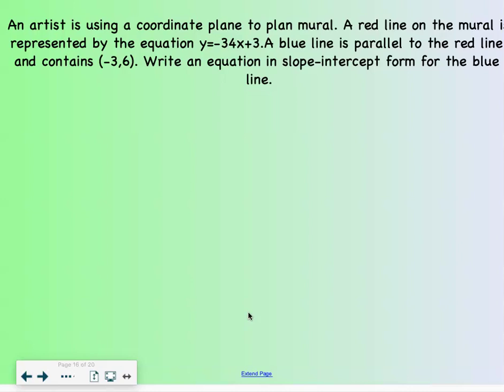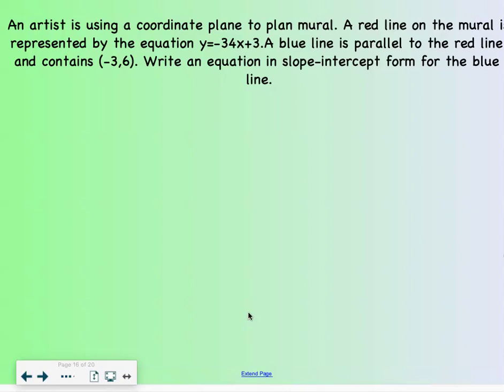We have an artist using a coordinate plane to plan a mural. A red line on the mural is represented by the equation y equals negative 3/4 x plus 3. A blue line is parallel to the red line and contains the point negative 3, 6. We want to write an equation that forms the blue line.